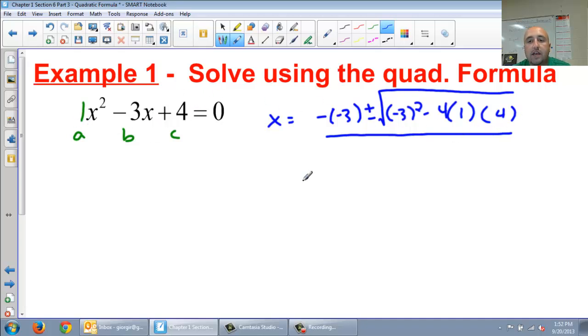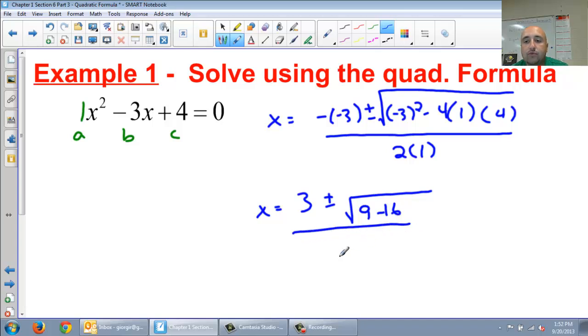All over 2 times A, so 2 times A happens to be 1 for this one. Okay, so I always write out the full equation so I don't make any mistakes.